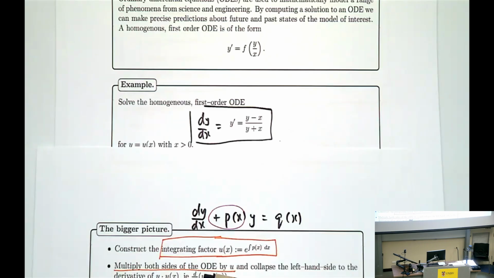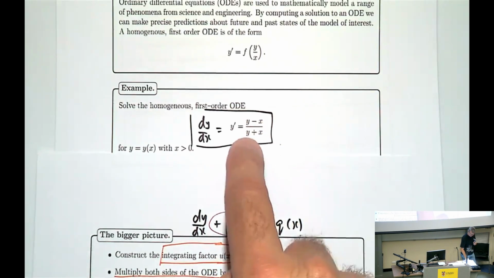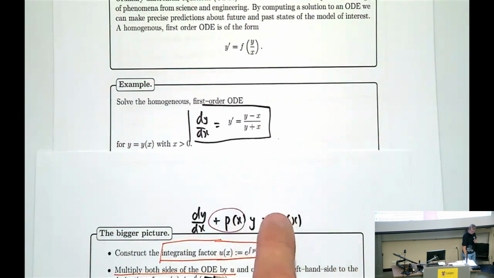It sort of looks a bit like this, but we're dividing by a y, which is weird. We're not doing that here. So I would say that they're different kinds of equations.